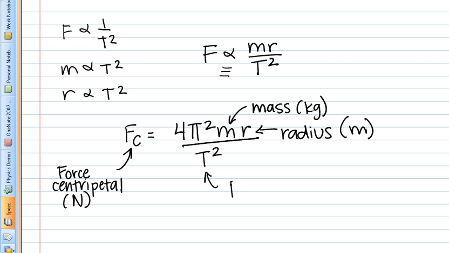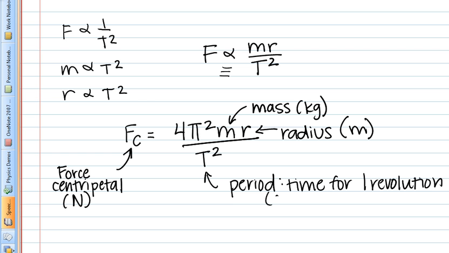And T is period. As we discussed prior to the lab, period is the time for 1 revolution, or once around the circle. That will be measured in seconds. Okay, so this is our first main equation.